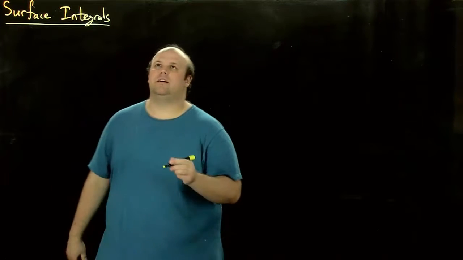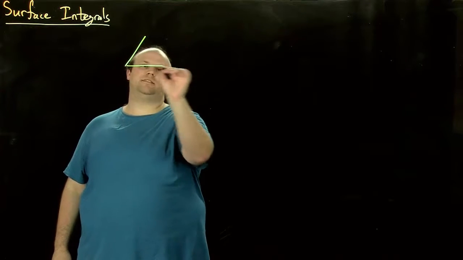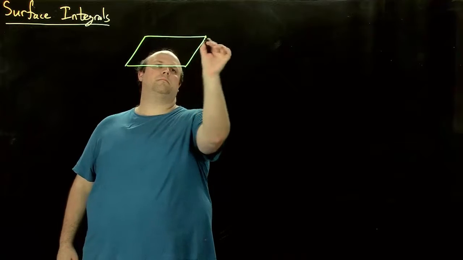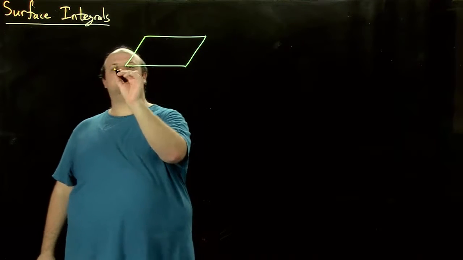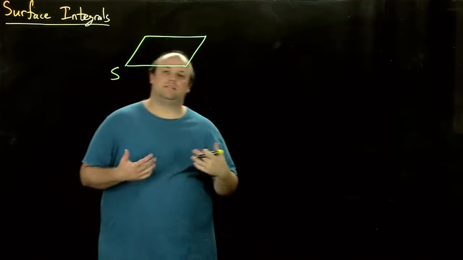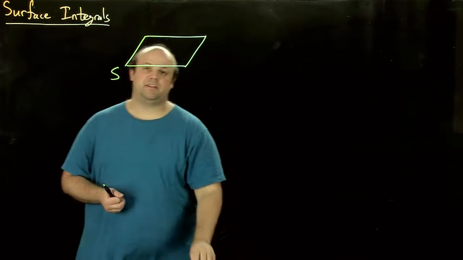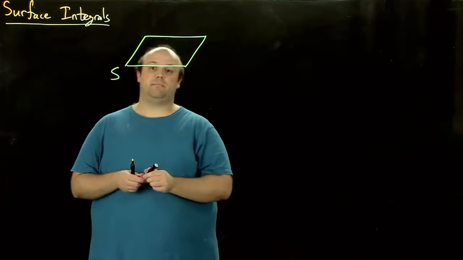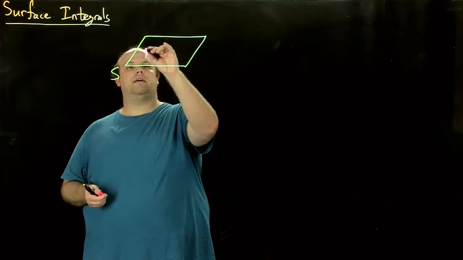Let's suppose we have a flat surface here. Let's call this surface S. Let's say it's flat, so then everywhere it has the same unit normal vector, n.